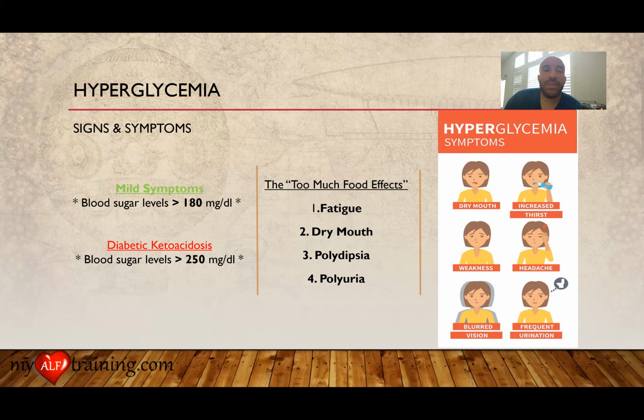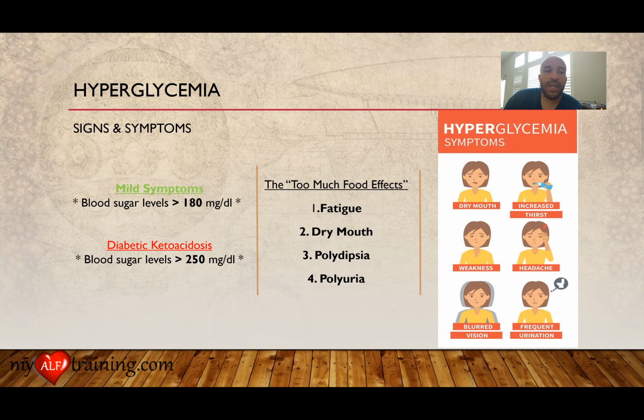Now, mild symptoms of hyperglycemia begin at 180 milligrams per deciliter blood sugar level. Diabetic ketoacidosis symptoms can present at 250 milligrams per deciliter, which is another level where the signs and symptoms are completely different.